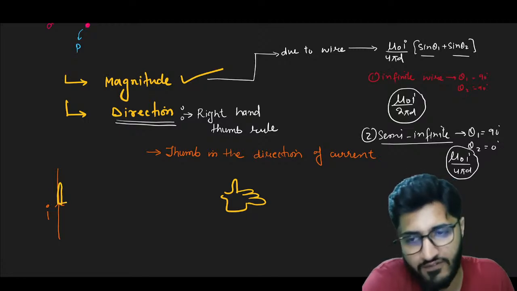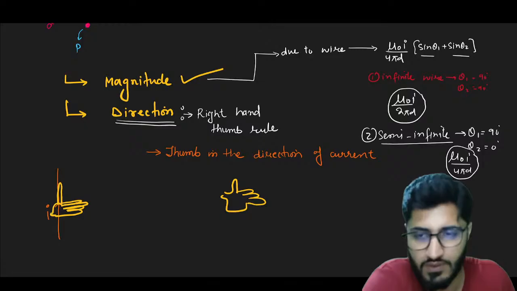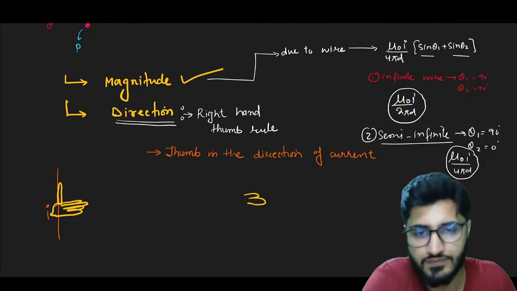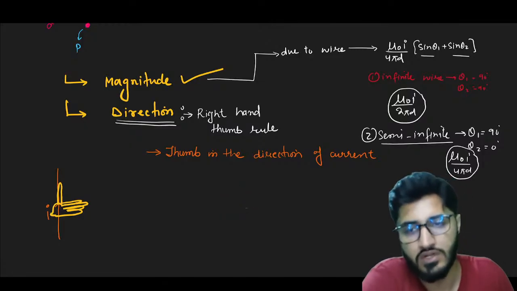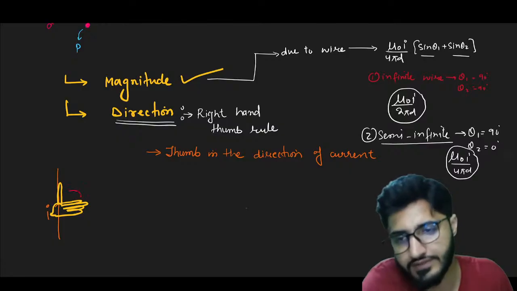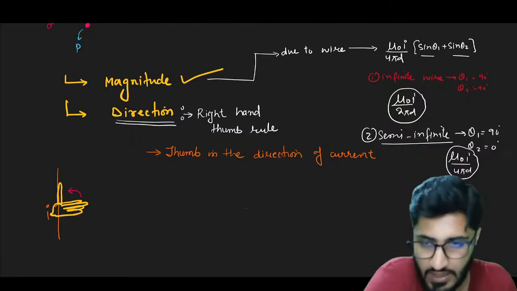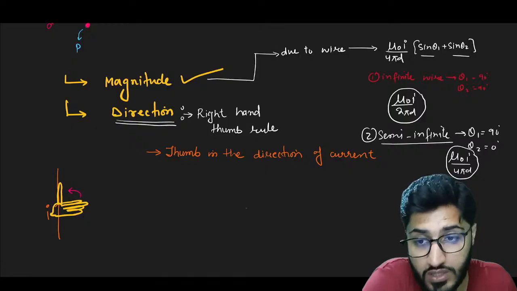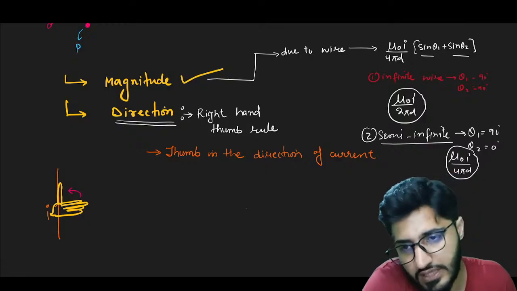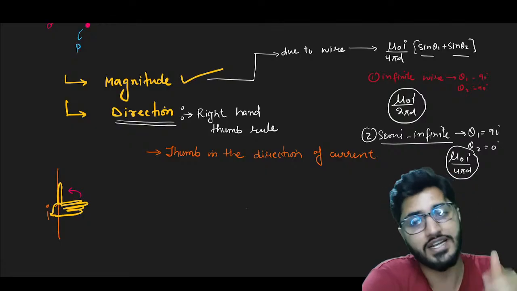Now my fingers will be in this way. Done. Now you need to curl your fingers. The curl gives the direction of magnetic field.